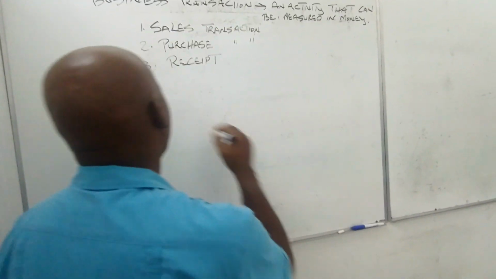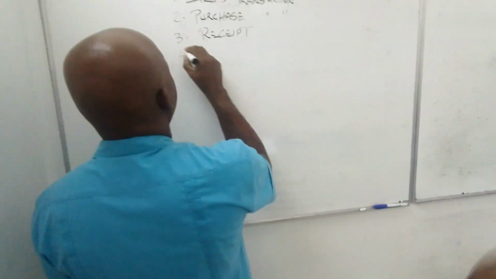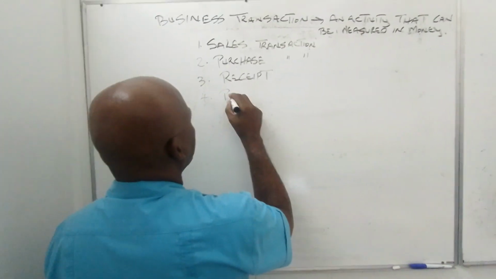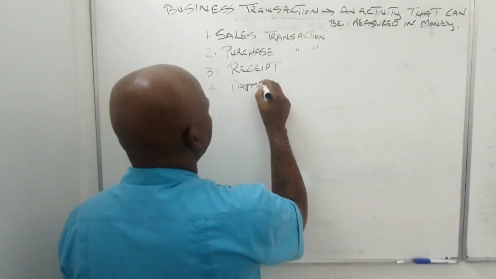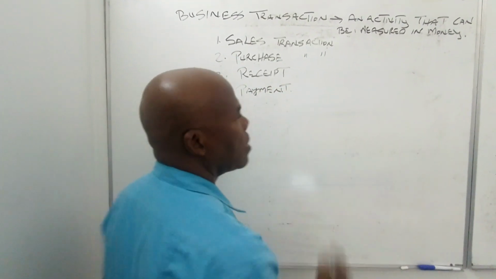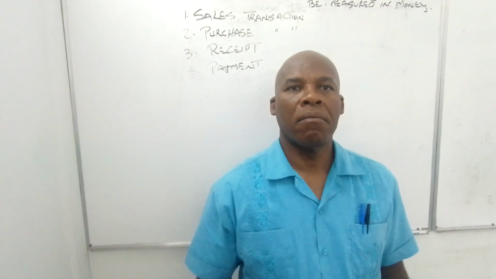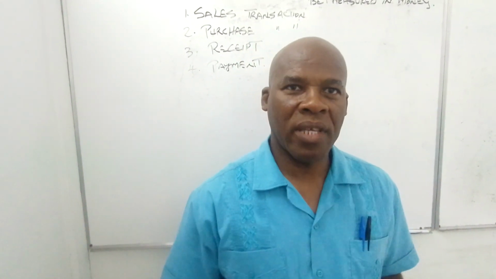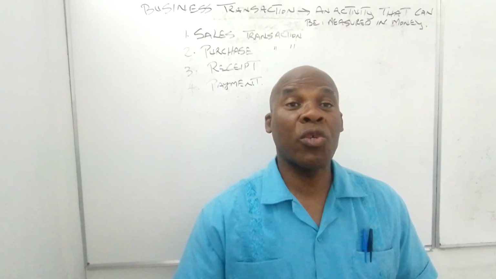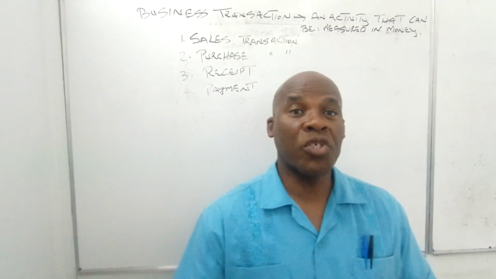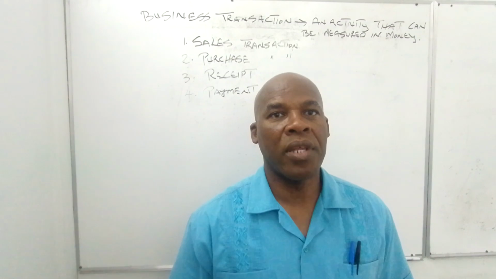And we also have payment transaction. Paid installment for the motor vehicle, $1,000. Payment transaction. So these are transactions within the business that must be captured in the accounts.